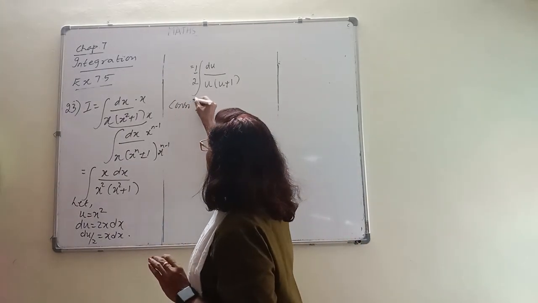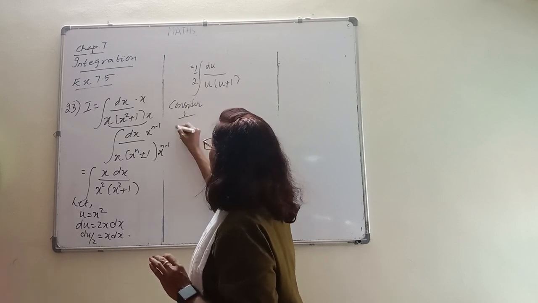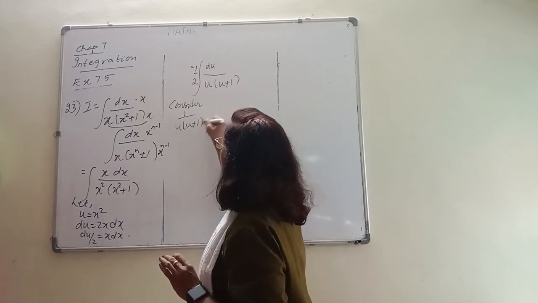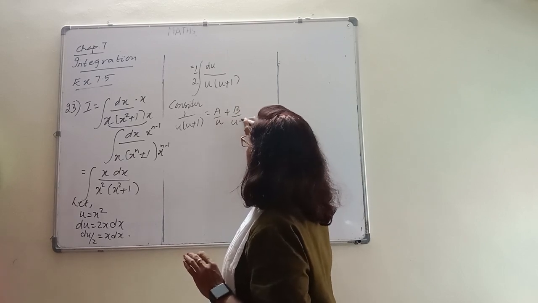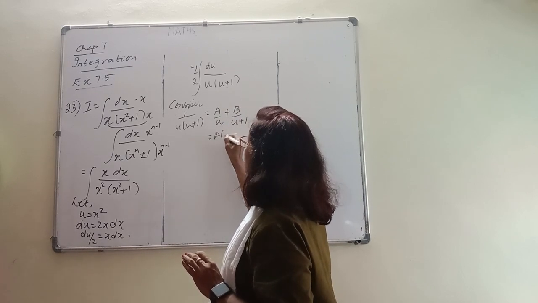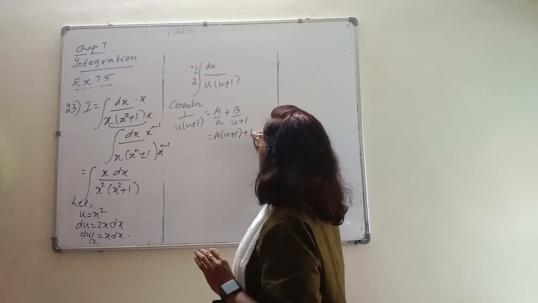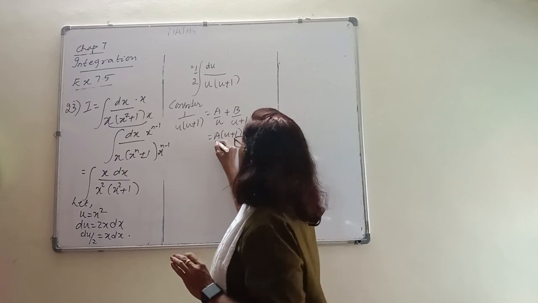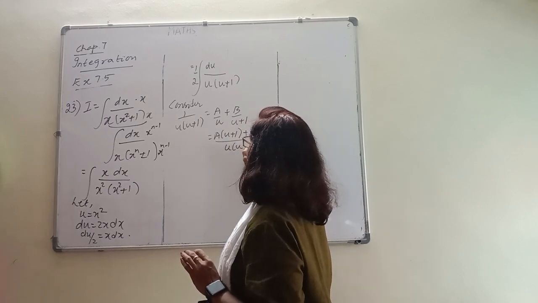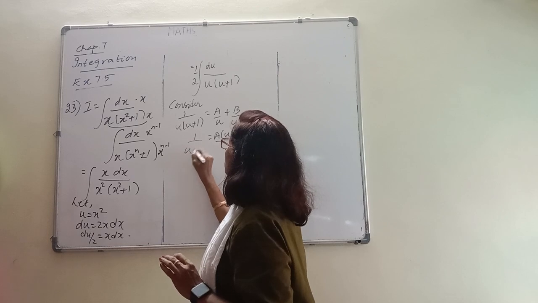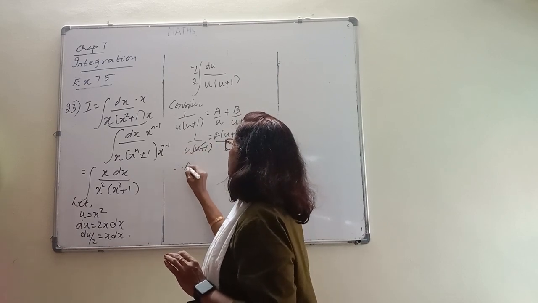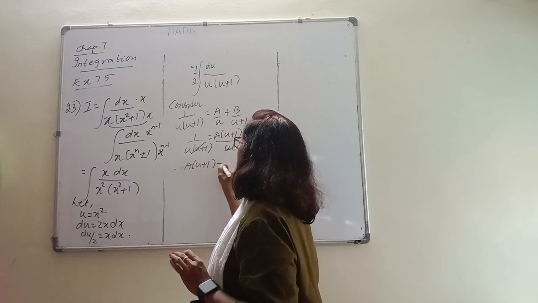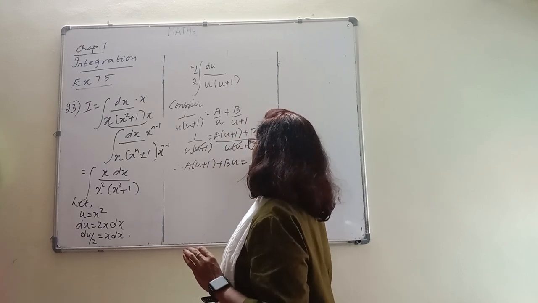So let's consider 1 over u times u plus 1 as A over u plus B over u plus 1, which makes it A times u plus 1 plus B times u, over u times u plus 1, and the denominators can cancel each other. You have A times u plus 1 plus B times u as 1.